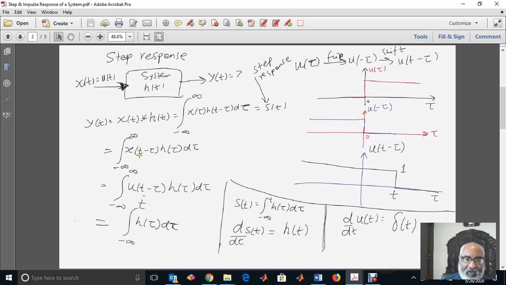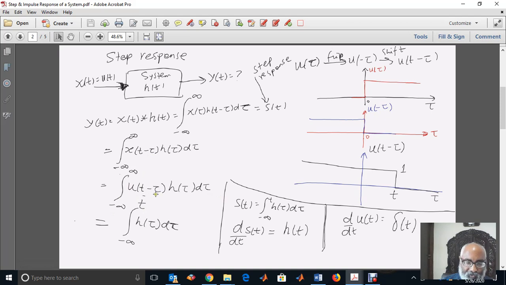Why do we do this? Because h(t) is not given here, but u(t) is given, so it is easier to flip and shift the unit step signal, which is already known. So this means x(t minus tau) means u(t minus tau) h(tau) d tau.